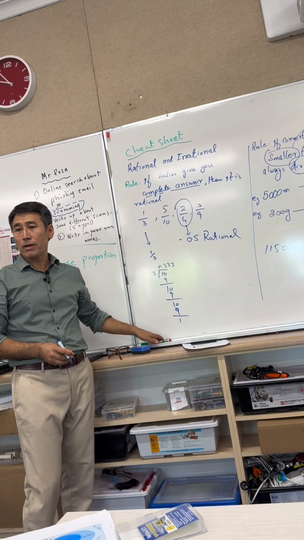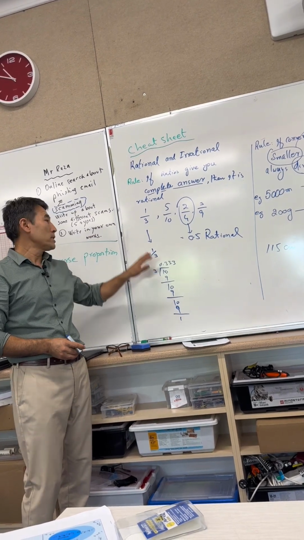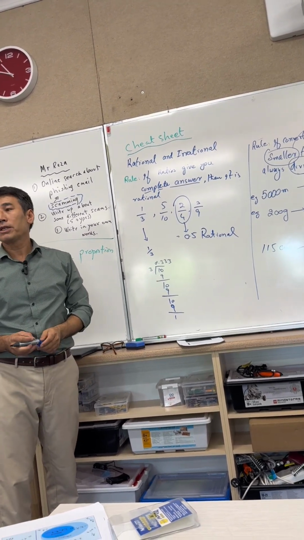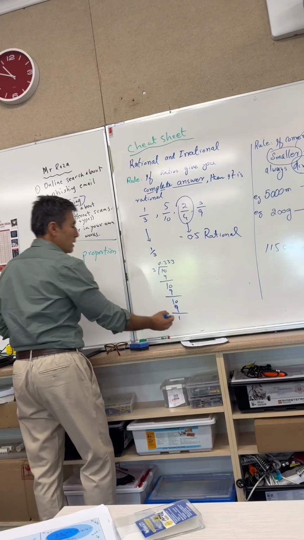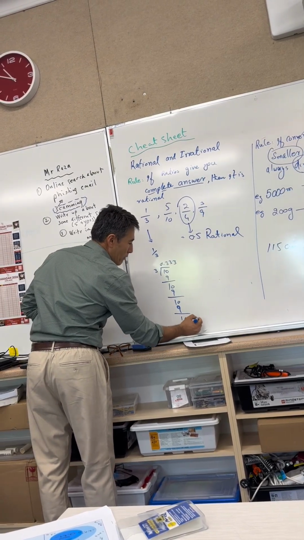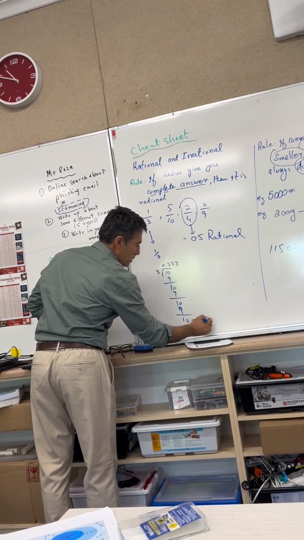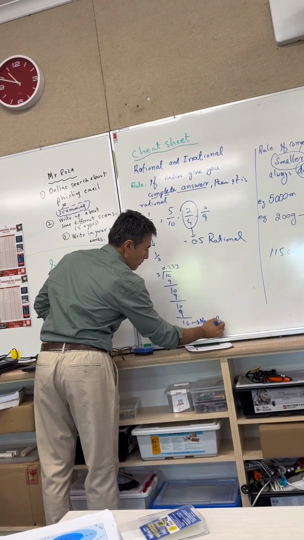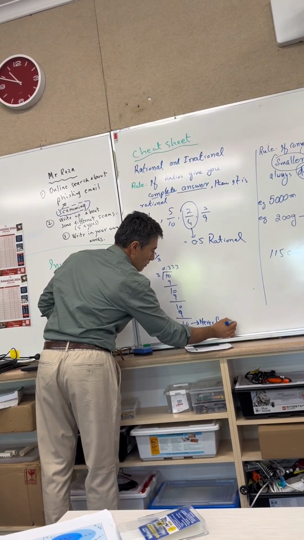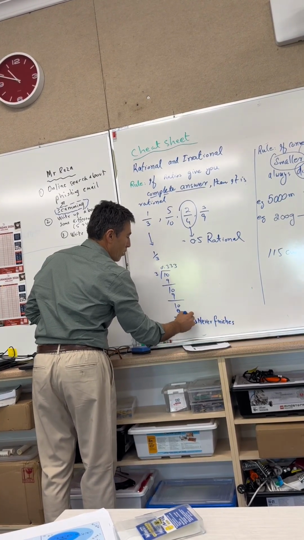Do you think it will finish? This never finishes, right? So what do we call this type of number? Irrational. Okay, so I'll write here: never finishes. This is called irrational.